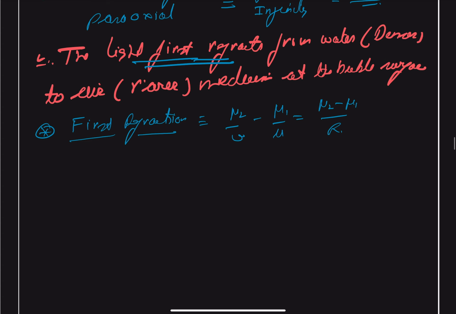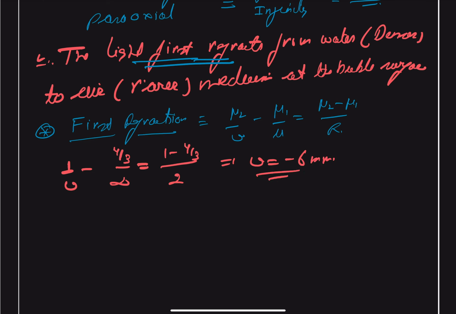So we get 1 upon v minus (4/3) upon infinity is equal to (1 minus 4/3) divided by 2, and this gives us that v, the position of the image, will be equal to minus 6 millimeters. So the first image will be formed 6 millimeter to the left of the first surface.